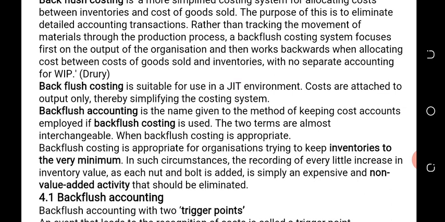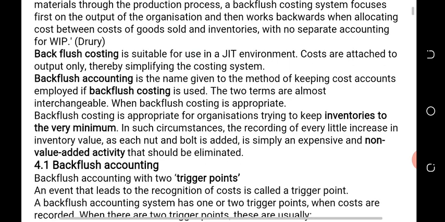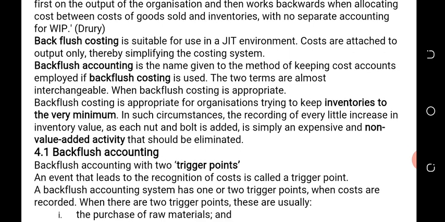So they try to reduce the accounting delay in recording transactions in the manufacturing phase. They are trying to shy away from that. Then after the production, they now record. The costs are attached to output only, thereby simplifying the costing system.